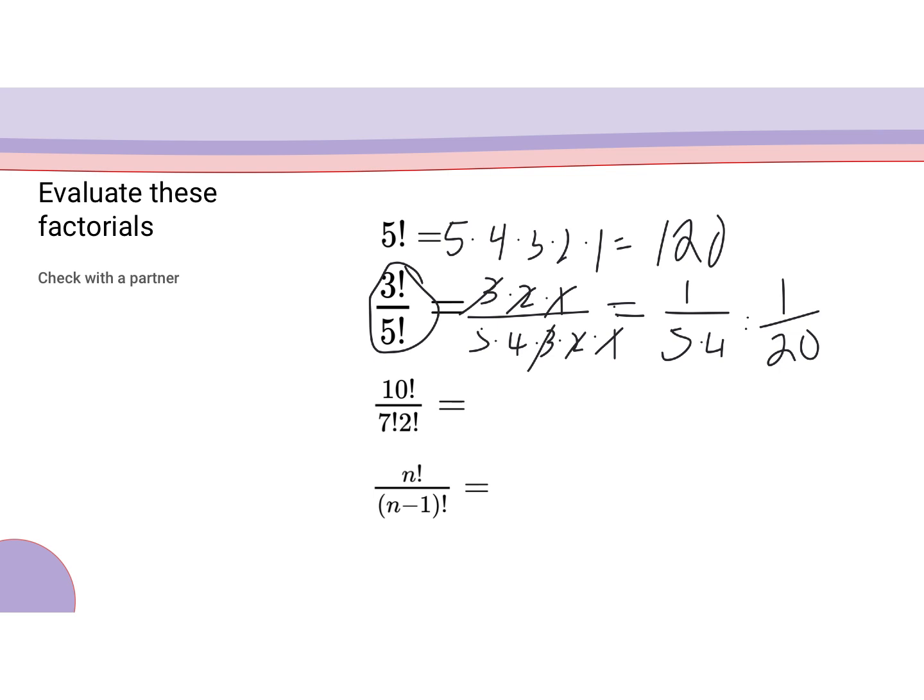Let's look at our next one. 10 factorial over 7 factorial times 2 factorial. So first off, think about it this way. 10 factorial is 10, 9, 8, 7, 6, yada, yada, yada, all the way down to 1. And 7 factorial is 7, 6, 5, 4, all the way down to 1.